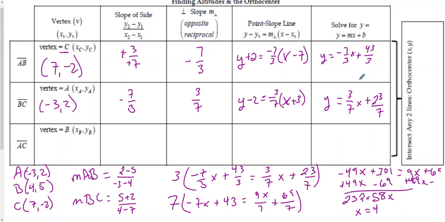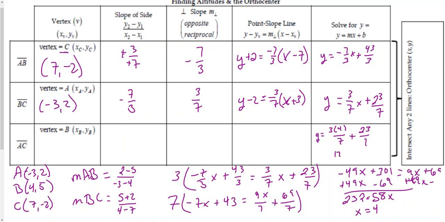Now that I have an x value, I can plug it back into one of my equations. Let's go ahead and do y equals 3 times 4 over 7 plus 23 over 7.